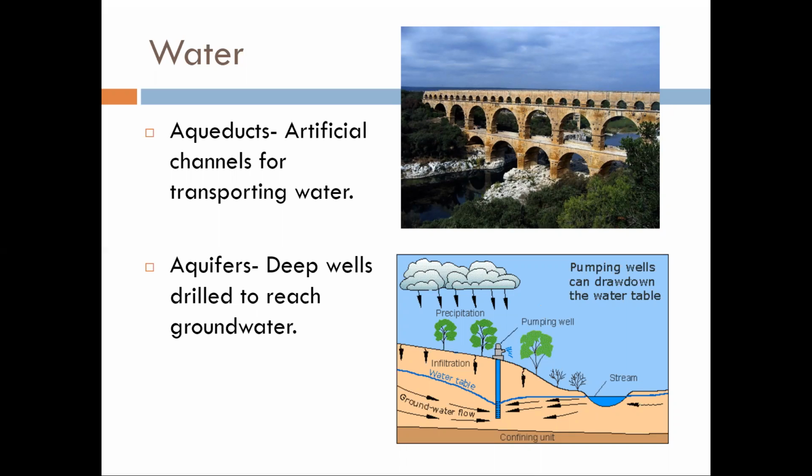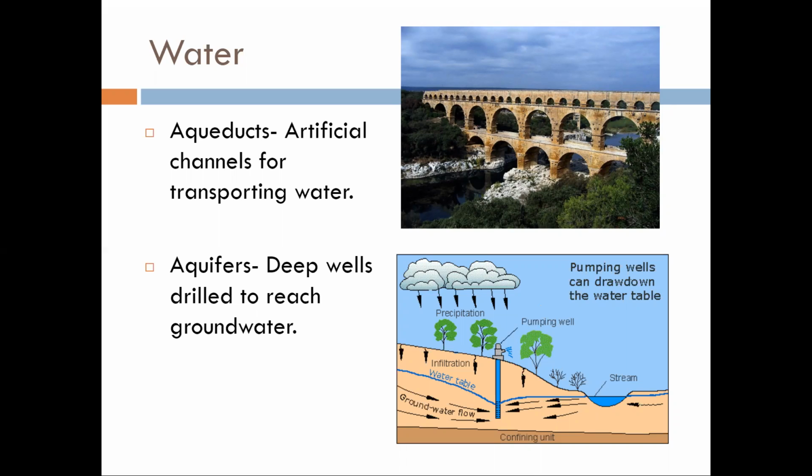Aqueducts would be used to bring water to those dry areas, okay. So it's an artificial channel made for transporting water. And in most cases, to bring water to dry areas, okay.